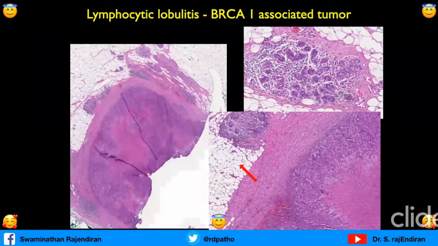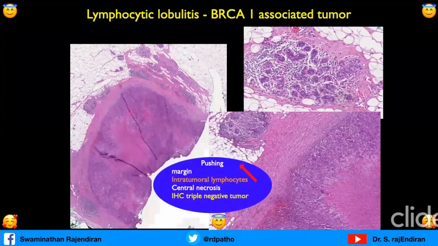Now, medullary carcinoma in the recent 2019 WHO is not used. It is an infiltrating breast carcinoma with medullary pattern; that separate entity is not there. They will have a pushing margin, intratumoral lymphocytes, central necrosis, and IHC is triple negative. These are all the features of infiltrating breast carcinoma with medullary features.